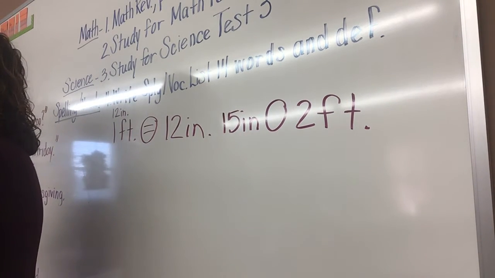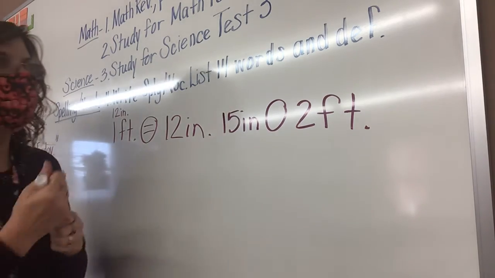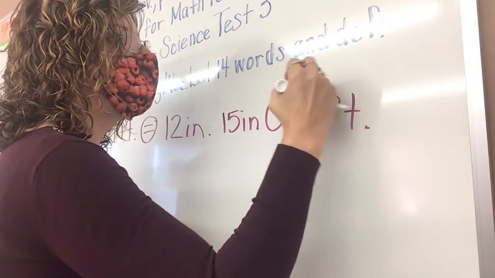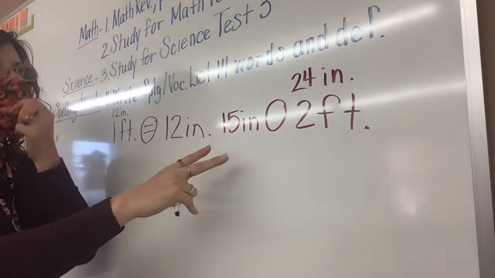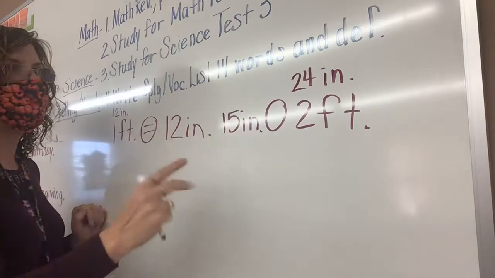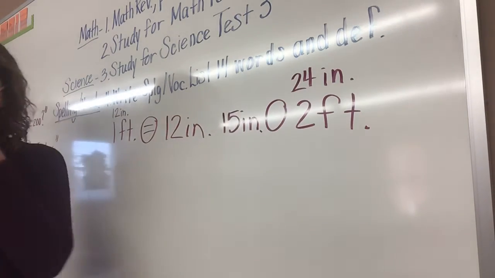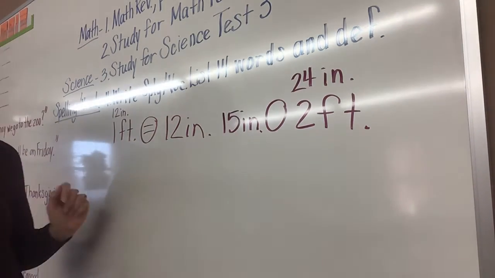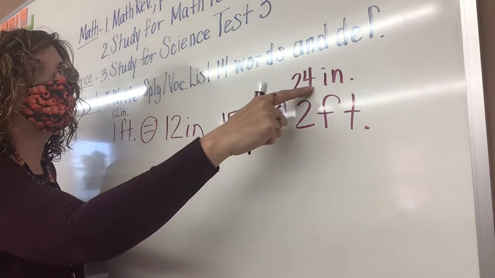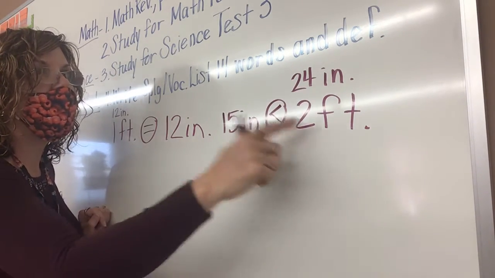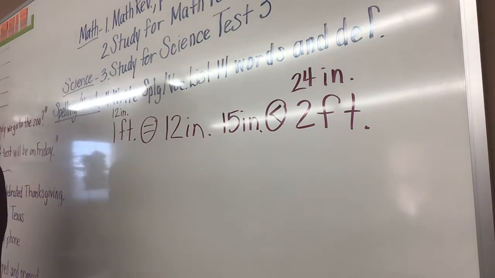If 1 foot is 12 inches, what is 2 feet? 24. Very good, 24 inches. So above the 2 feet, you're going to write 24 inches. So now we're comparing inches to inches. 15 inches, 24 inches, which one are you going to gobble up? 24 inches. So 15 inches is less than 24 inches, or less than 2 feet.